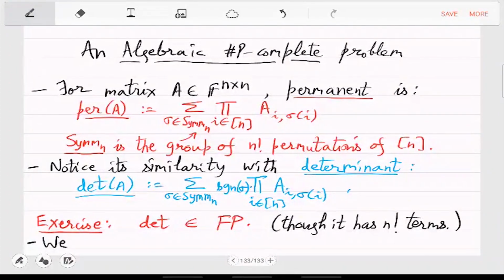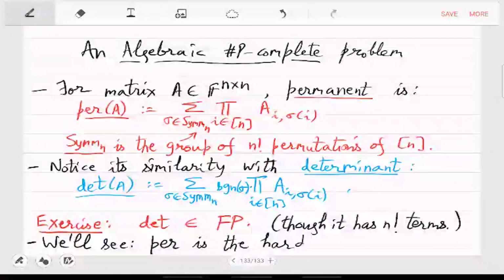So we'll see that permanent is the hardest problem in Sharp P. Okay, so first we'll show that permanent is in Sharp P, and next we will show, which will be a longer proof, we'll finish it next time, that actually it's Sharp P complete.